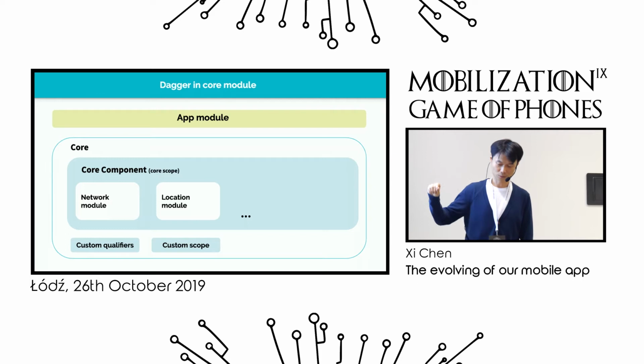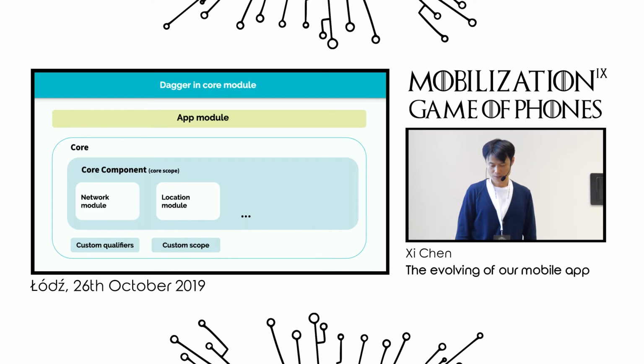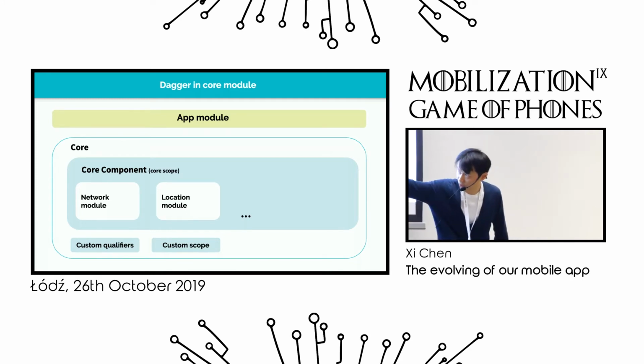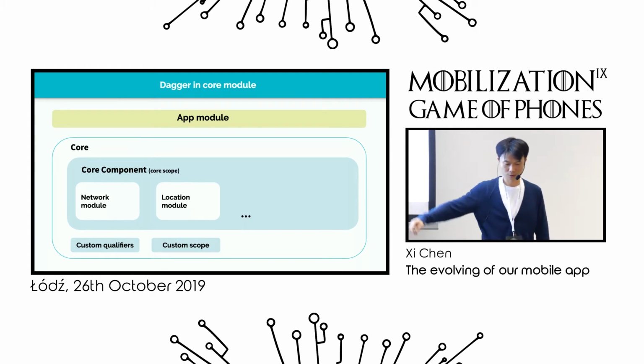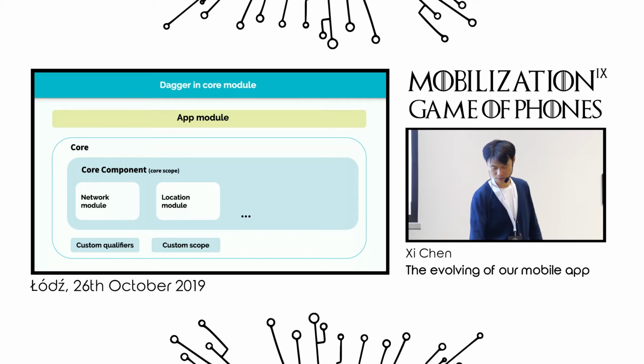Then we have this network module. And for location things, we have the location module. Each module contains provider methods to provide dependencies. And we have some custom qualifiers down there, and some custom scopes, which I already mentioned, the app scope and the core scope.